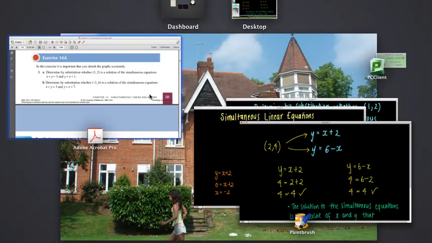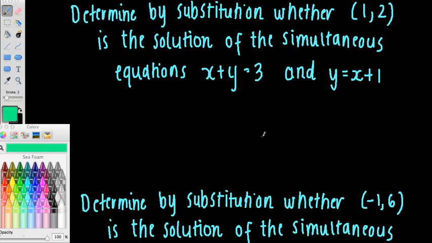What I'm going to do is just show you a couple of example questions. Say, for example, you've got a question such as this: determine by substitution whether this coordinate 1, 2 is the solution to these two equations, x plus y equals 3 and y equals x plus 1. We just need to do a bit of substitution to check, and then we can say yes, it's the solution, or no, it is not the solution.